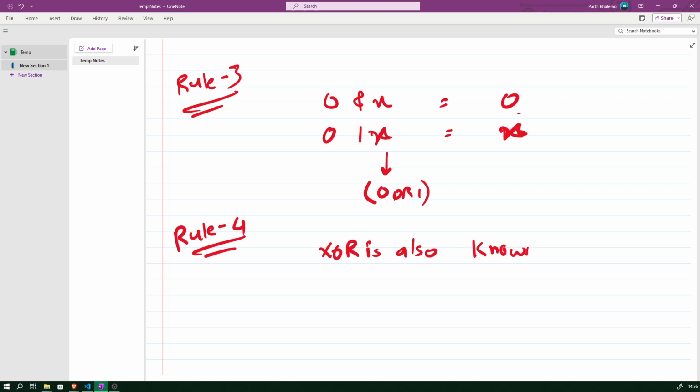I hope you are making notes side by side, because my handwriting may not be so good digitally, but in your copy you can write these rules in a very systematic way, and these notes will help you in future. So XOR is also known as the odd ones detector.